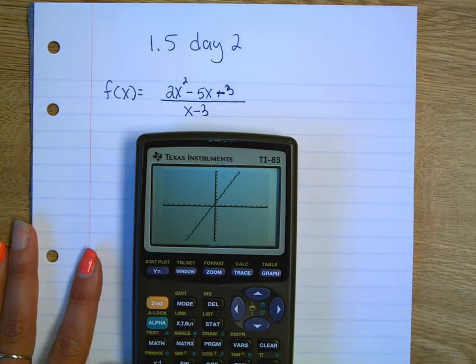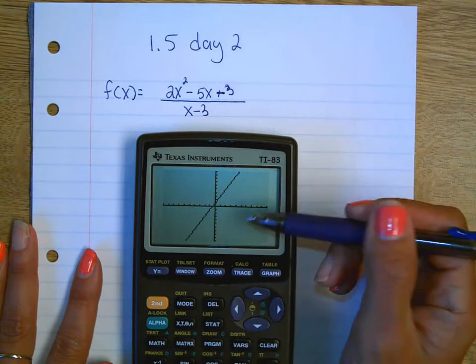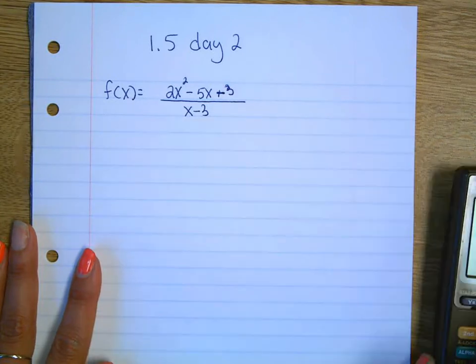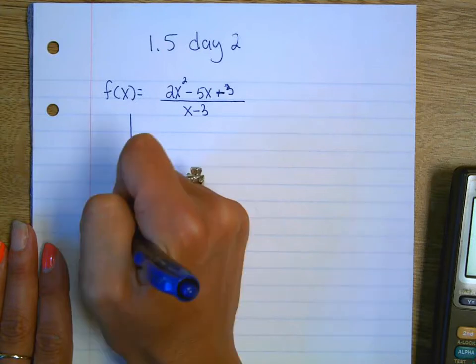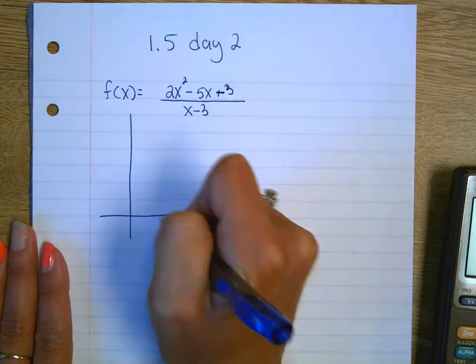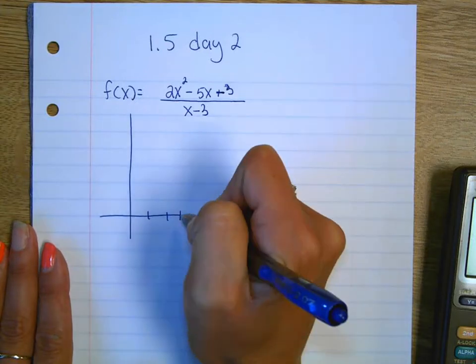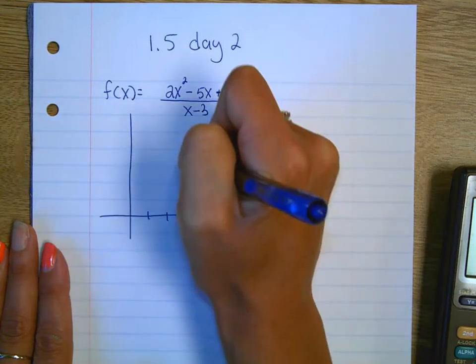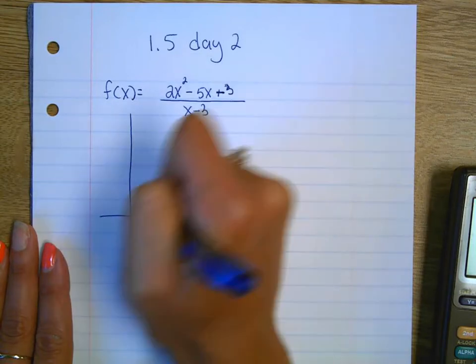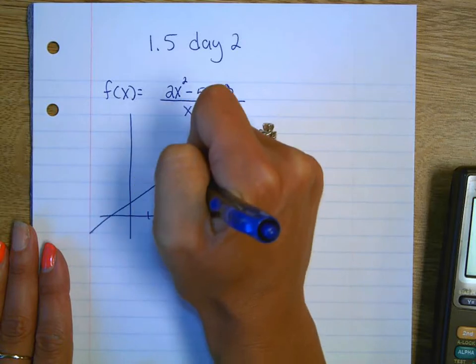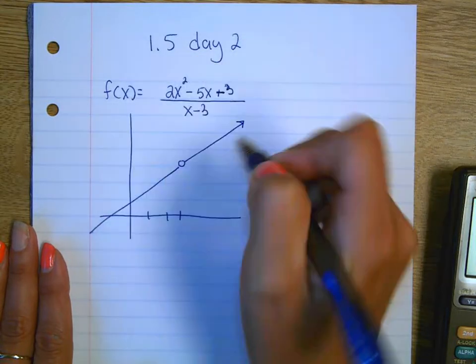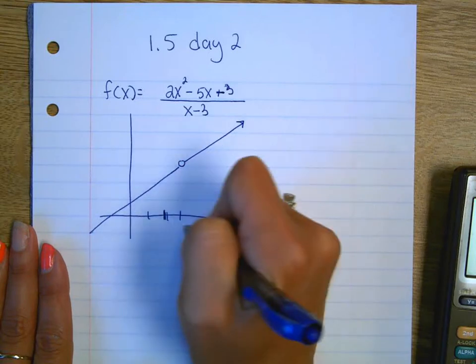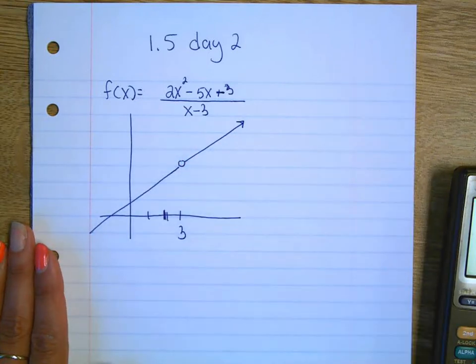So I can see it's a linear function, but I know there is going to be a hole at 3.